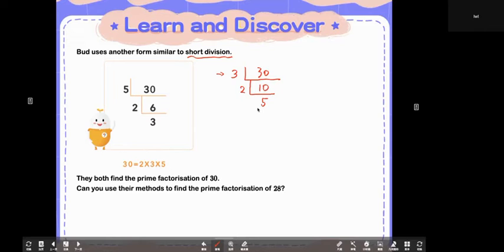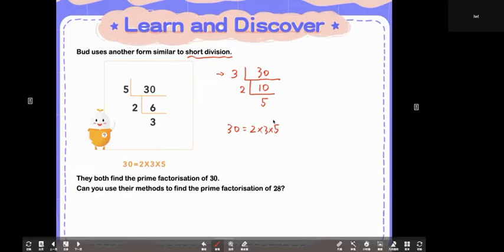We should stop here. In any prime factorization using the short division method, we should stop when we have a prime number as a result. So we can still write down 30 as 2 times 3 times 5. That is how prime factorization works.